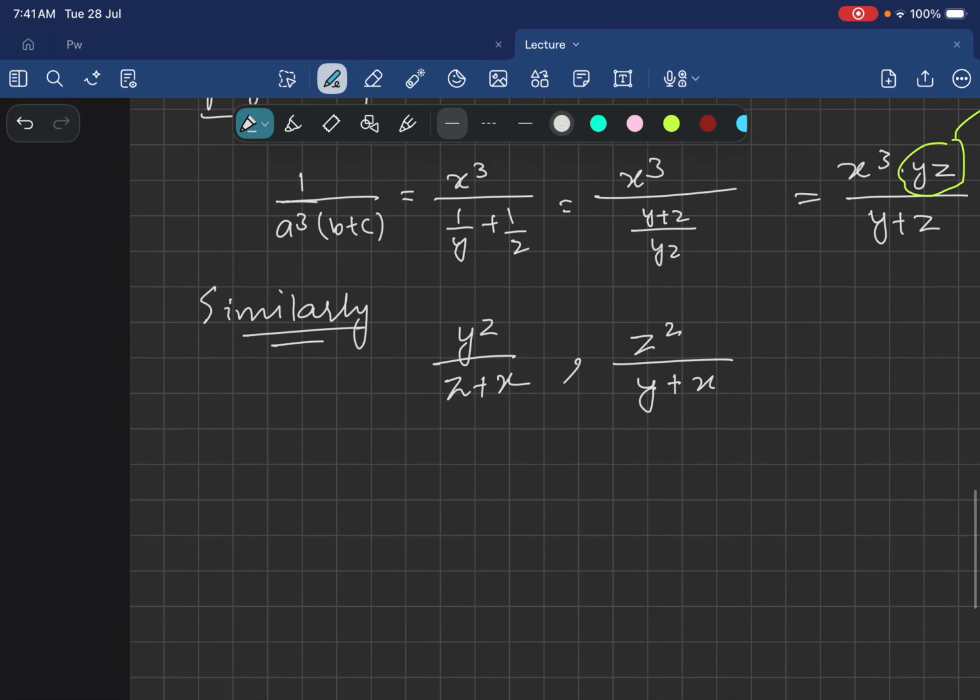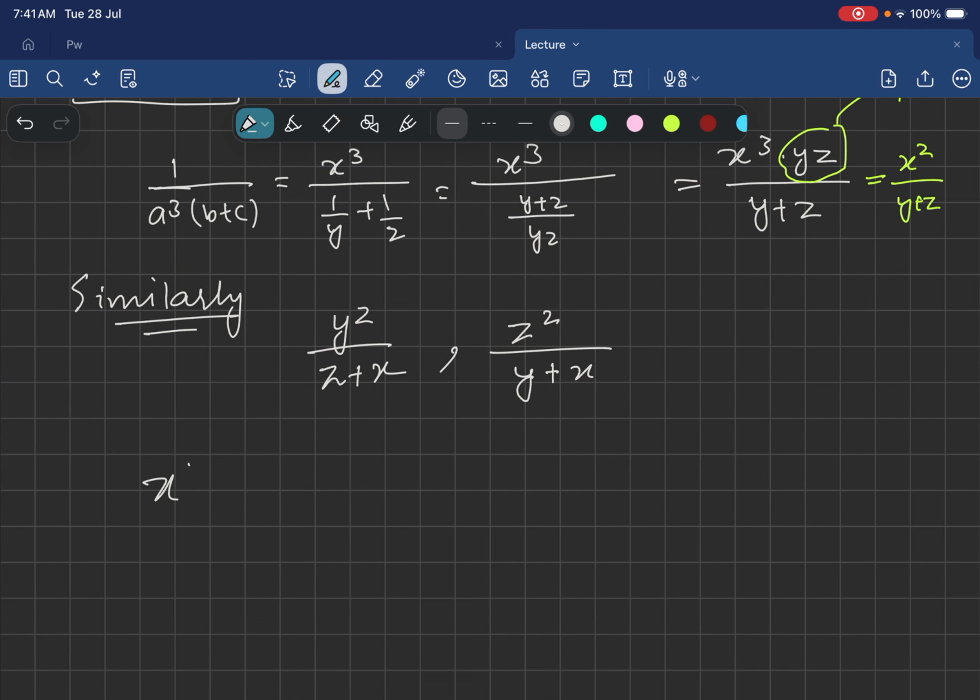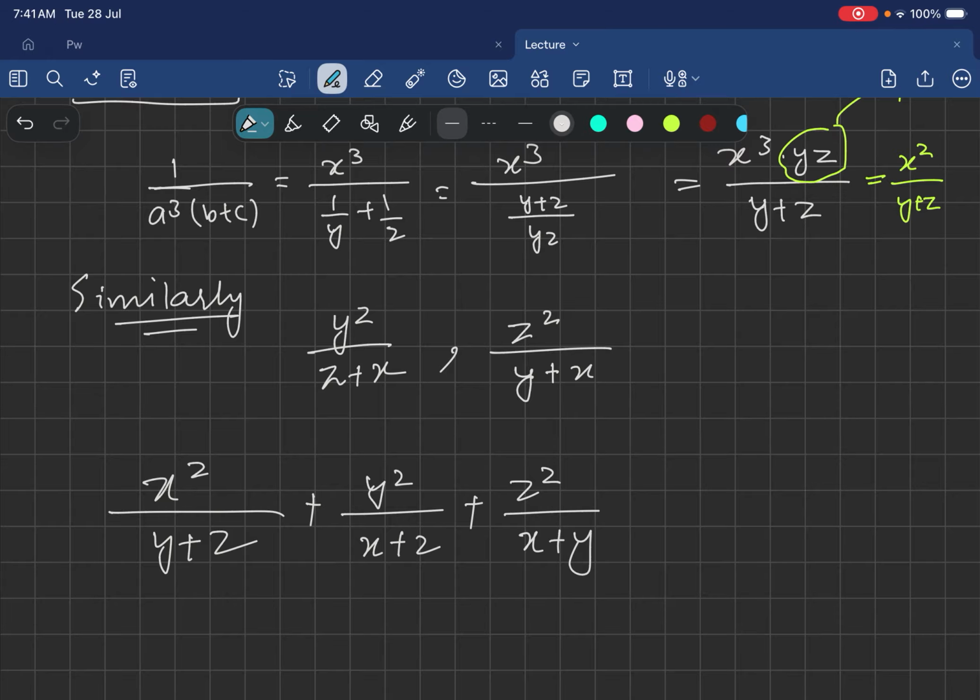So just sum these all up: x square over y plus z, plus y square over x plus z, plus z square over x plus y.